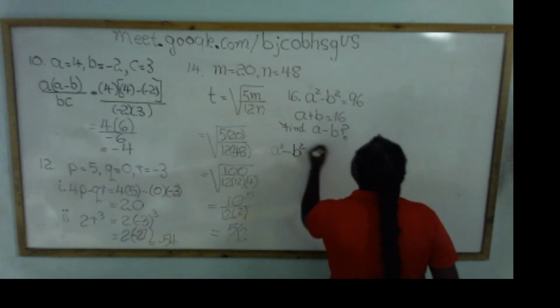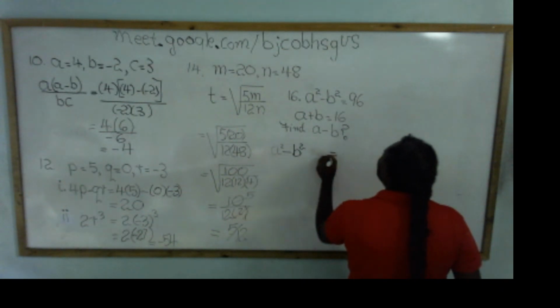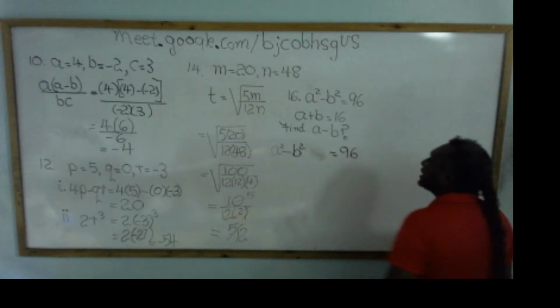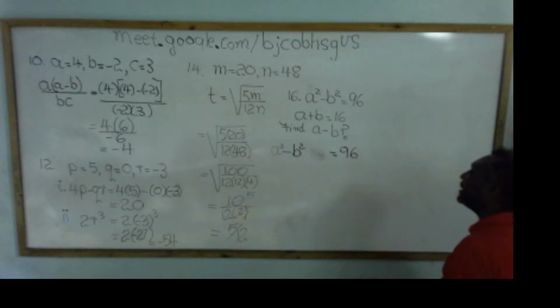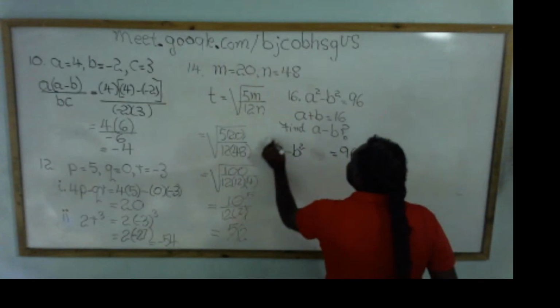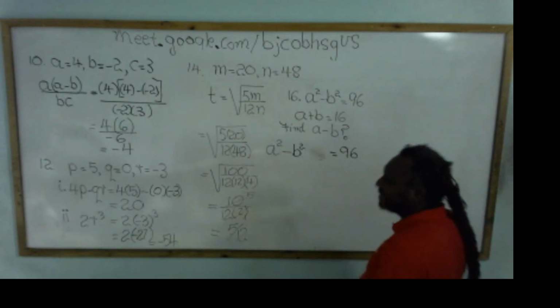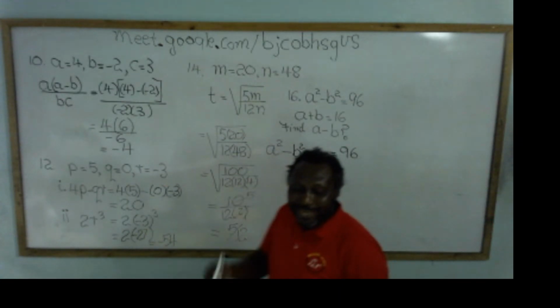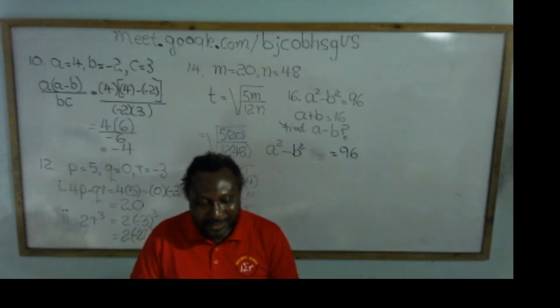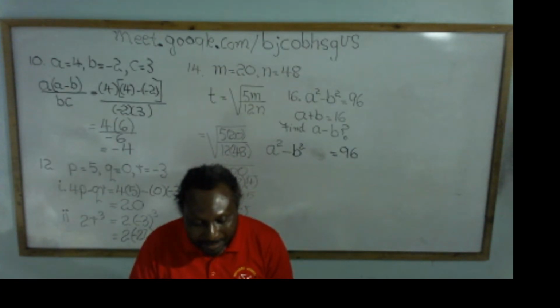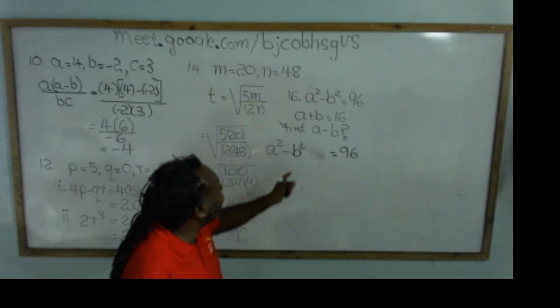I'm going to write the a brighter. Students, is there anybody who knows something about a squared minus b squared that we might find useful right there? Tell me.